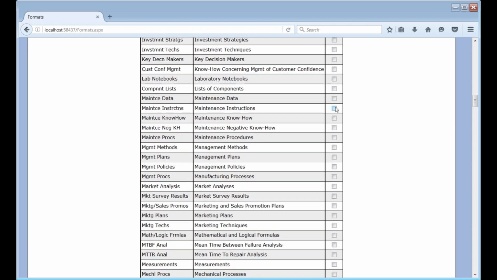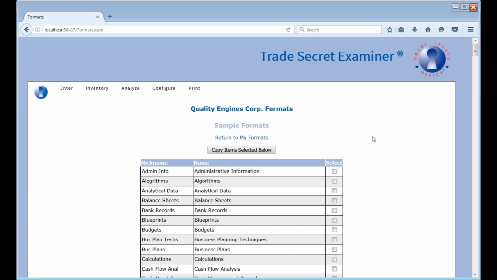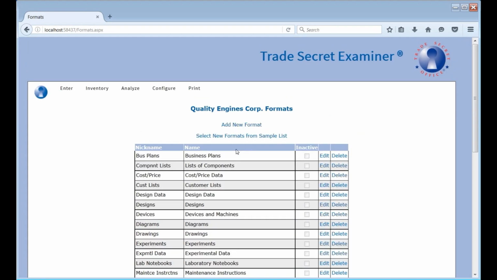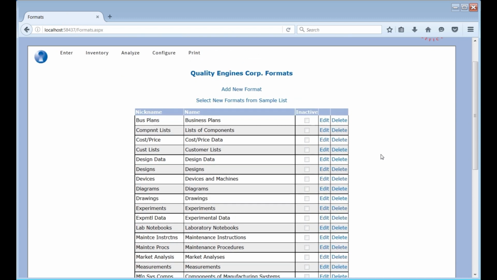And let's say the maintenance instructions and maintenance procedures are going to be an issue for us. We have trade secrets about those, so we'll go and put those in here, and we'll copy those to the list. And now there they are. So that's easy to configure.